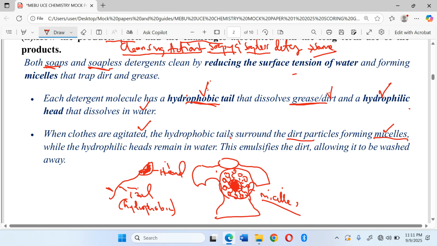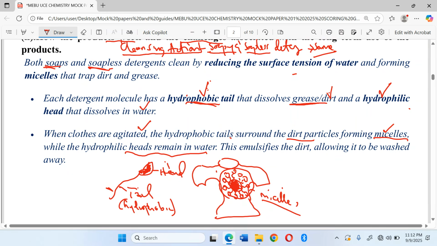The dirt is surrounded by the hydrophobic tails, while the heads remain in water. You can see the heads protruding towards the water, because they are water loving, while the tails are dirt loving.